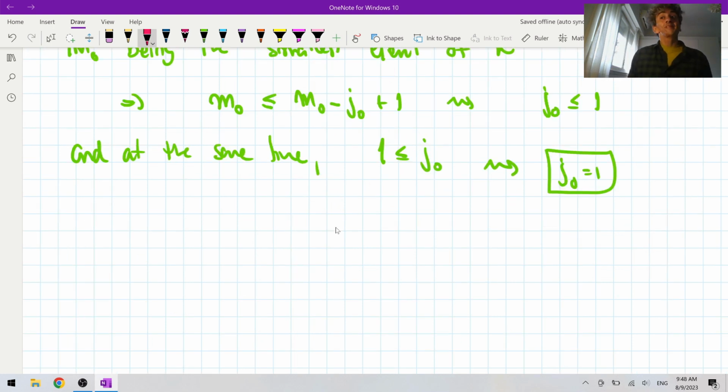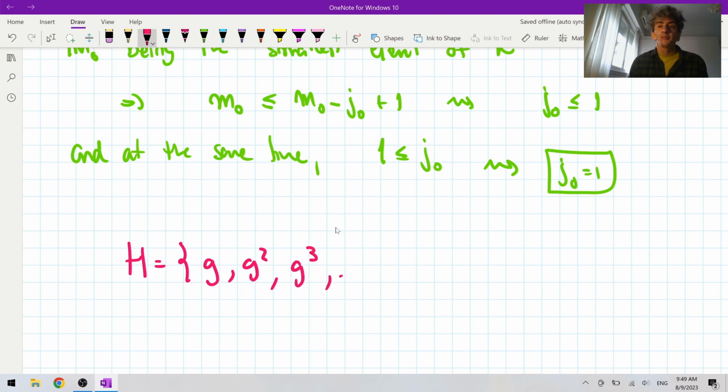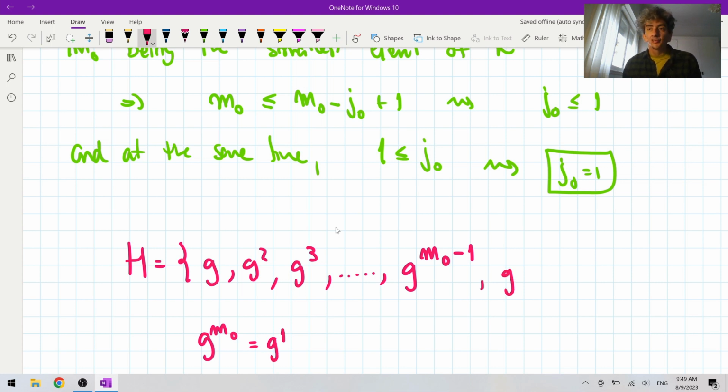So what does this say about H? H consists of the powers of G: G to the first power, squared, cubed, and so on. Then we get all the powers all the way to G to the M naught minus 1. And then what happens is, if we want to take into account G to the M naught, this is G to the first power. So if I place G to the M naught, I'm going to be repeating this one guy.